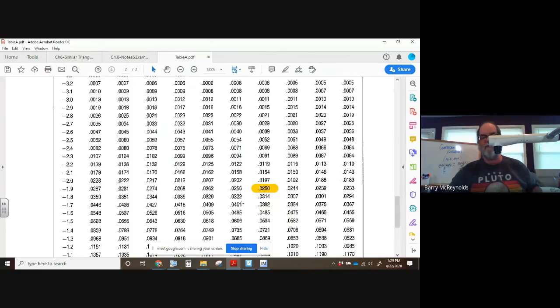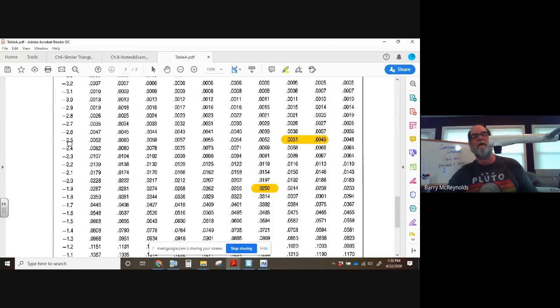That means there's 0.5% in each tail, or that we're looking for a value here of 0.005. And if we scroll through, somewhere between those two values is 0.005.